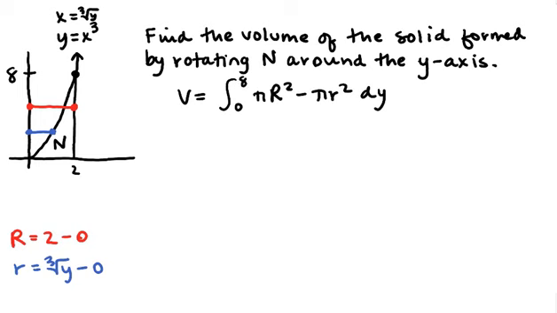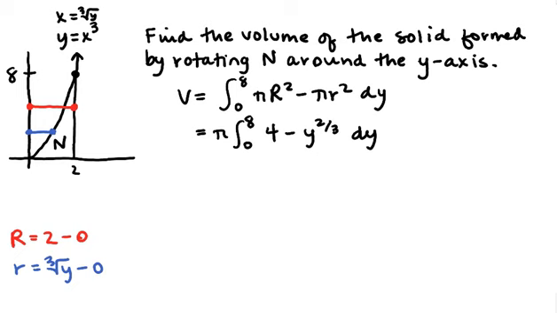Then I'm going to substitute in my radii and factor out the pi: 0 to 8 of large r squared, which is going to be 4, because we take 2 minus 0 and square that, minus small r squared, which is the third root of y squared, so that's y to the 2/3.